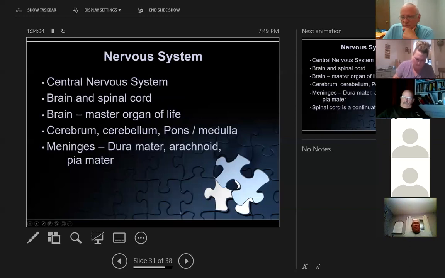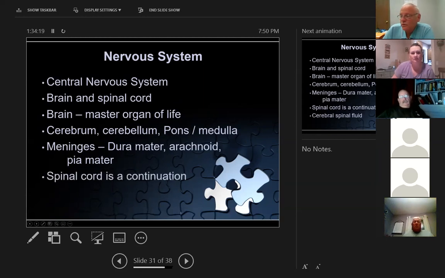Sometimes these get infected. And what do we call that? Anybody guess? Meningitis. Remember? Inflammation, irritation. Meninges, meningitis. That's where that word comes from. The spinal cord is a continuation of the brain. It's the same type of tissue. We have different types of tissue in the cerebrum and the cerebellum and the pons, but it's still nerve tissue, and it's just all continuing.